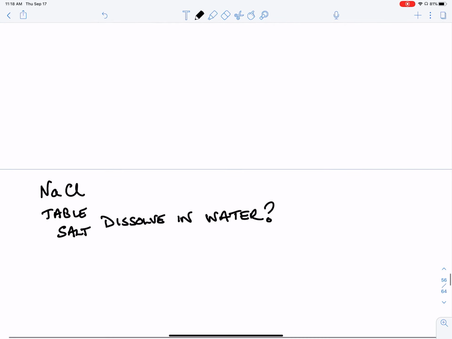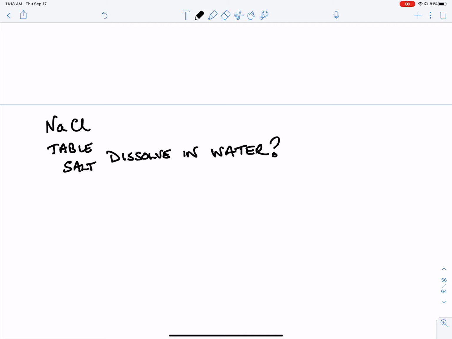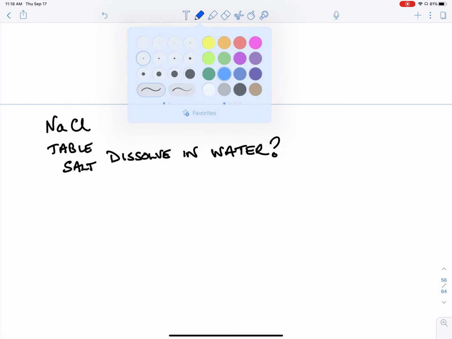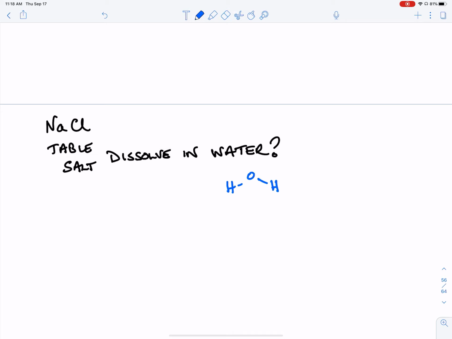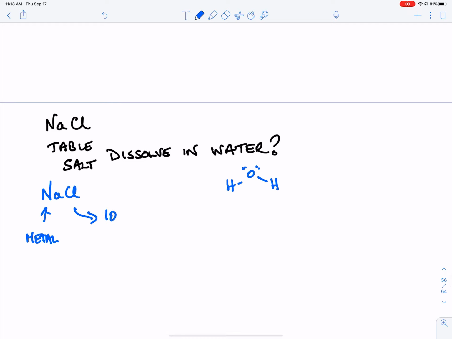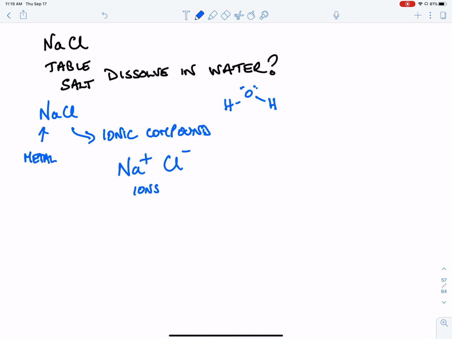So, we could say, well, sodium chloride, table salt, does that dissolve in water? Well, we all know it does, don't we? But why does that dissolve in water? Water is a polar molecule, and sodium chloride, sodium is a metal, and as soon as you see a metal and a non-metal, you're going to say, oh, this is an ionic compound, and an ionic compound, which is made up of sodium ions and chloride ions, these ions are charged.